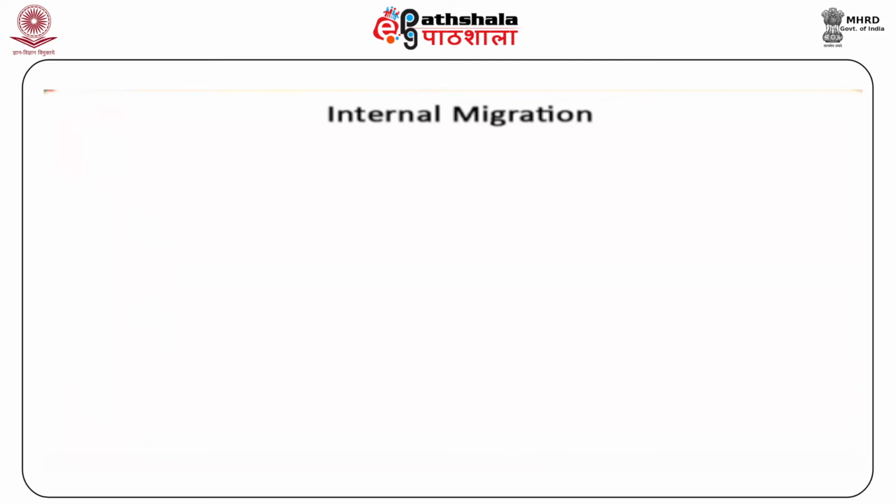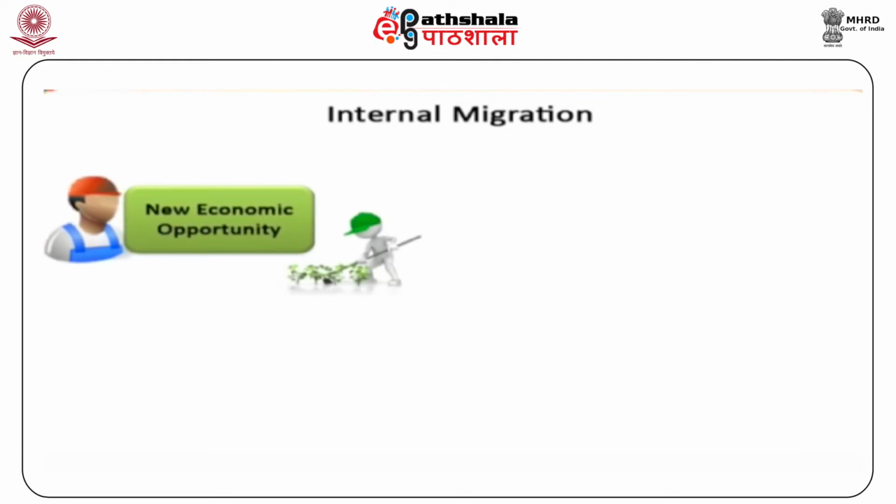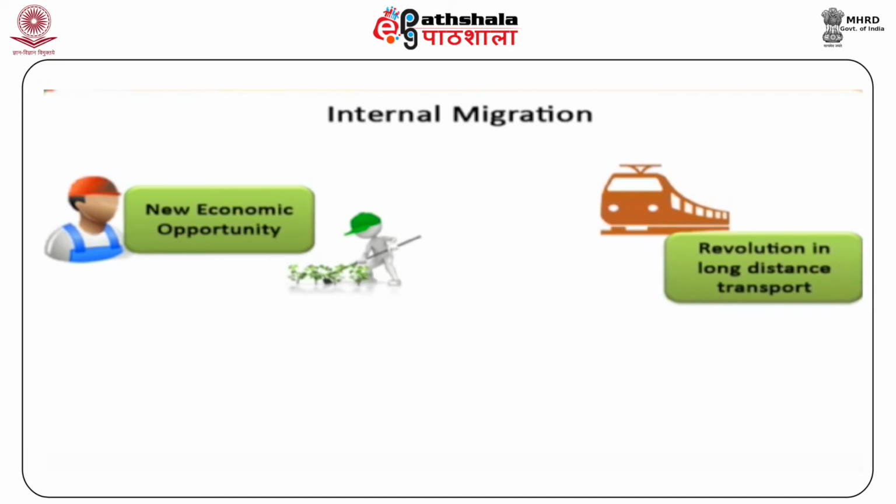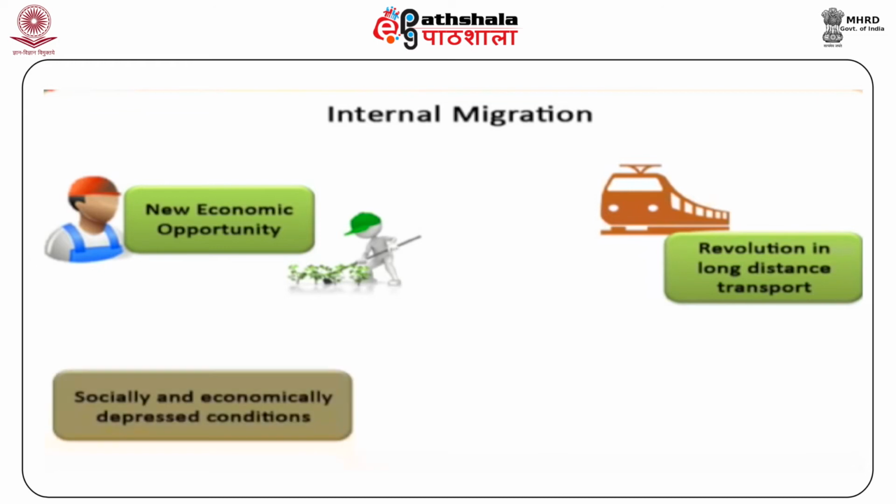Internal migration increased during British rule because of new economic opportunities, that is, employment in plantations, factories, etc. Revolution in long-distance transport, that is, railways, etc. Socially and economically depressed conditions in source areas, that is, caste system in eastern UP.